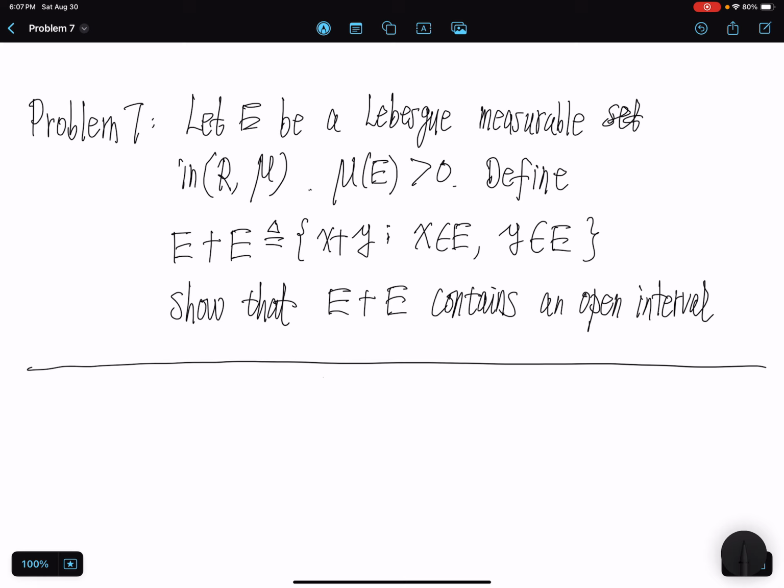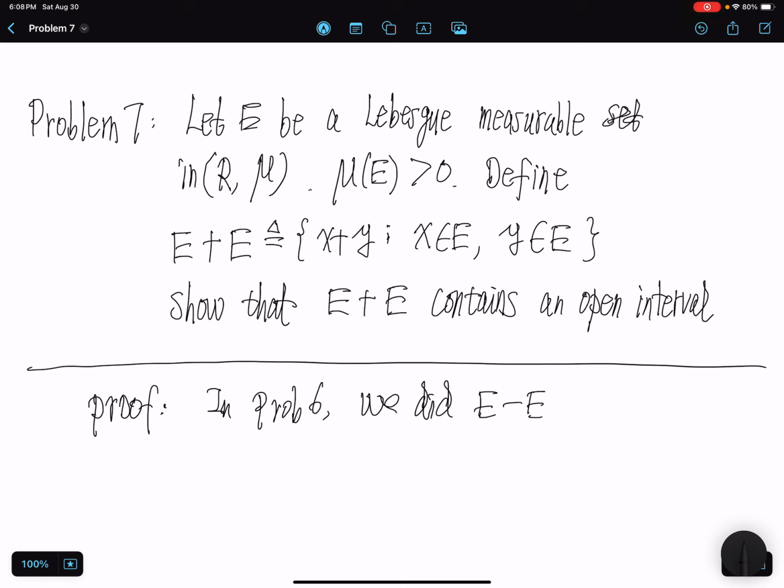Pause the video if you want to work on this by yourself. Okay, so this is very similar to what we have done in the last problem, problem 6, where we did the E minus E case, where E minus E also contains an open interval.